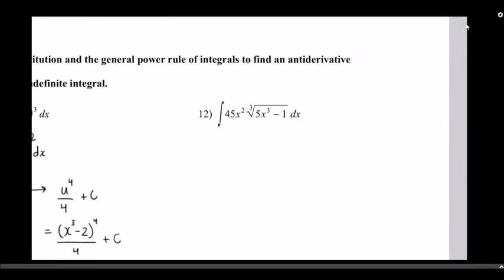Pretty much the same idea on number 12, except I'm going to rewrite it. Remember, we don't really like radicals when we're dealing with integration, so the integral of 45x squared, and now I'm just going to use power of 1/3.